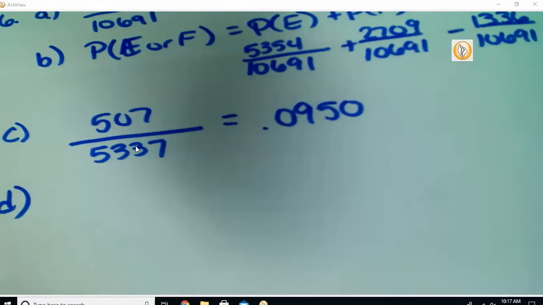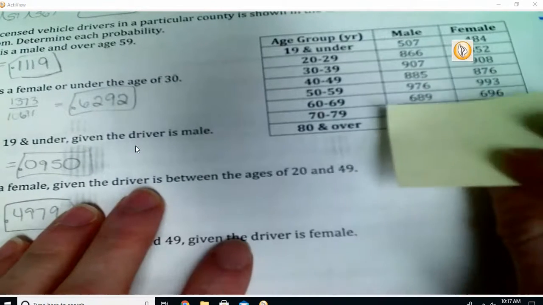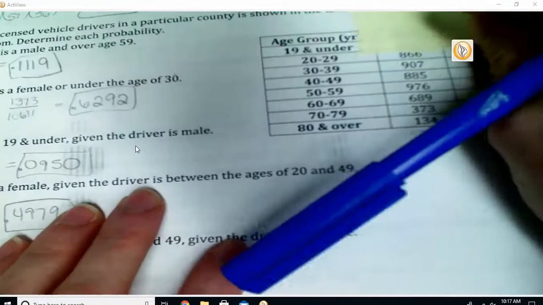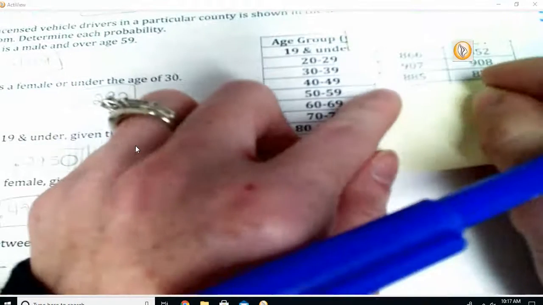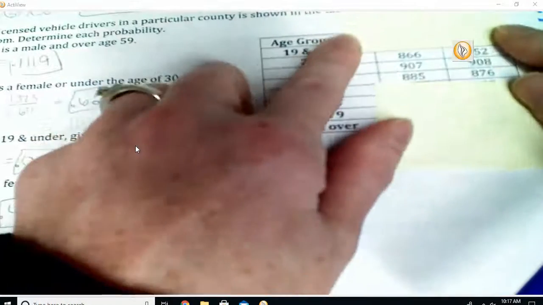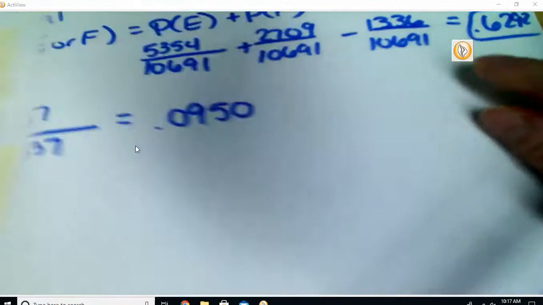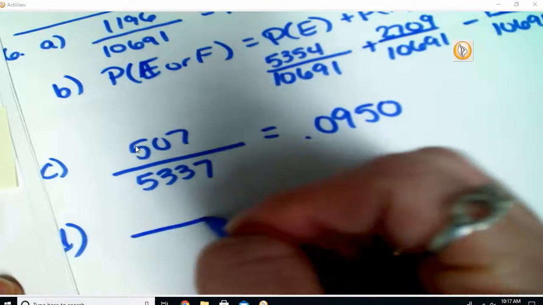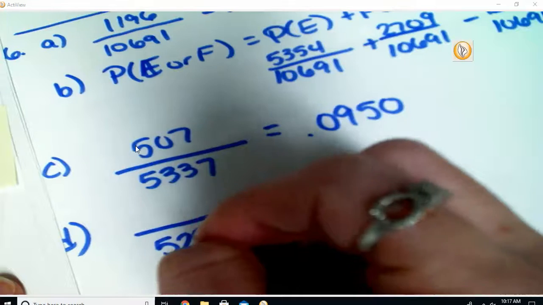D. The driver is female given the driver is between the ages of 20 and 49. So when I see that given, that's where I'm starting. Between 20 and 49. So you have to add up those 6 numbers, and that is your denominator, which comes out to be 5,294.